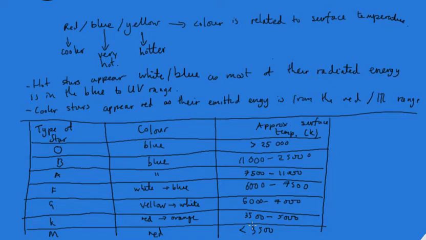Now, the other way we classify stars is by their brightness. There are two ways of classifying the brightness of a star. The first one is the apparent brightness.